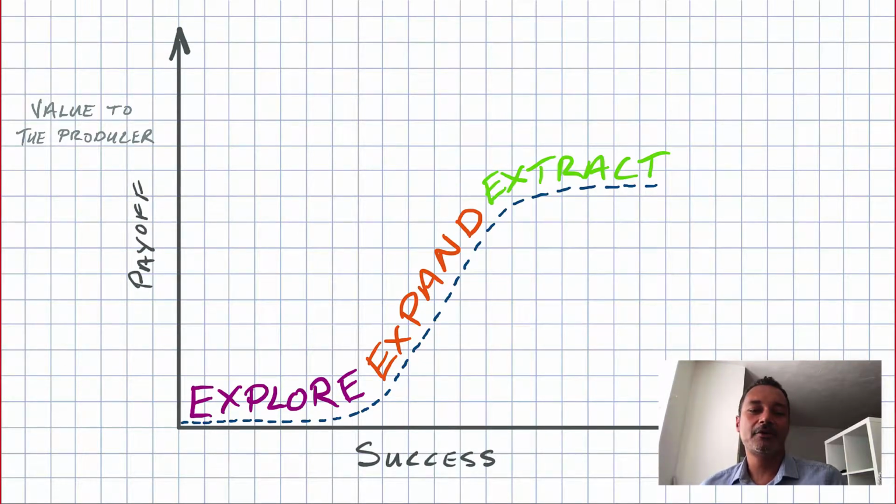Well, yes and no, because I think XP still somewhat operates in the eXtract space where you may have an existing product. It's still valuable to experiment with feature ideas, for example. You may not necessarily know.